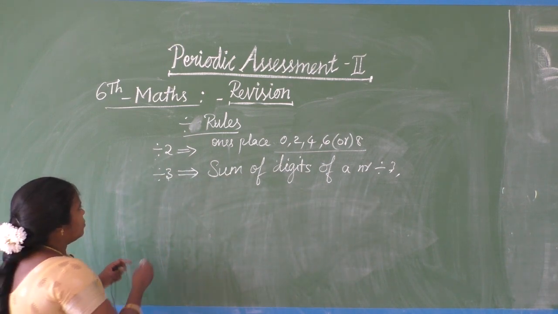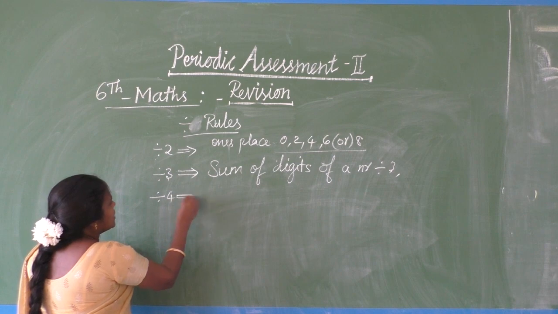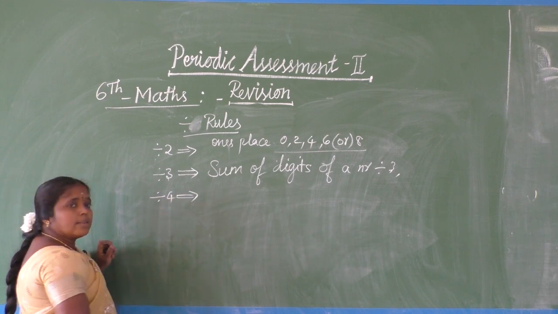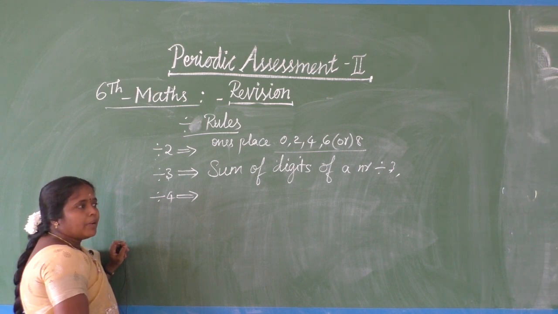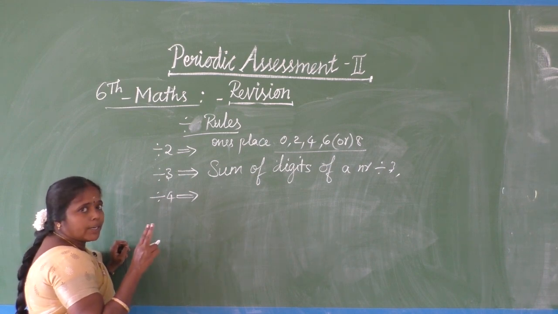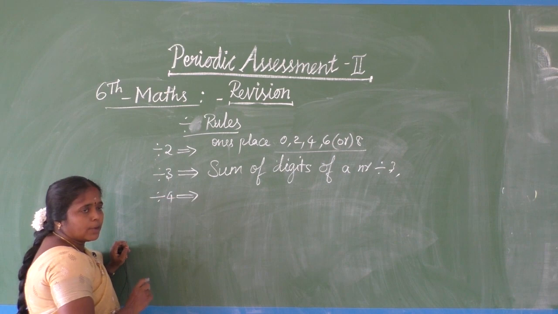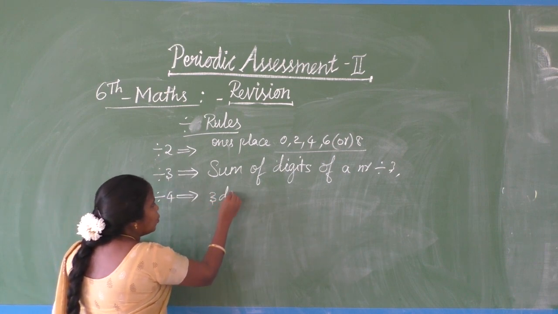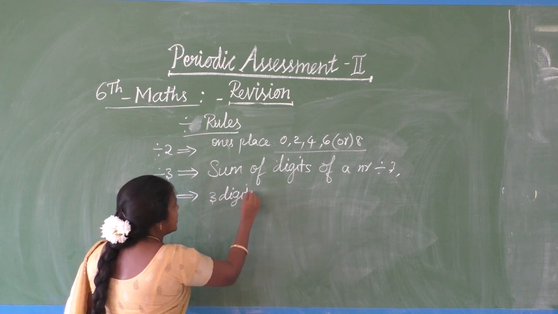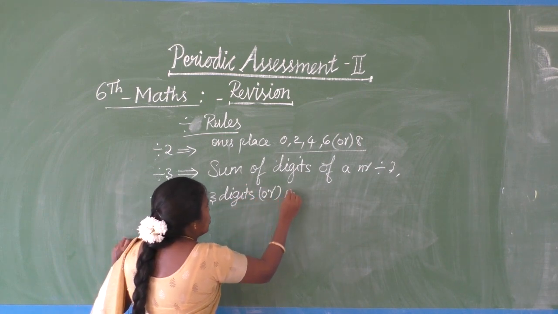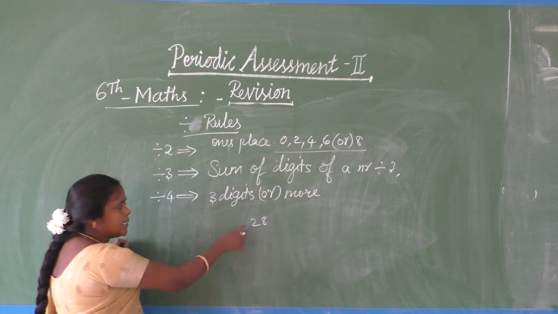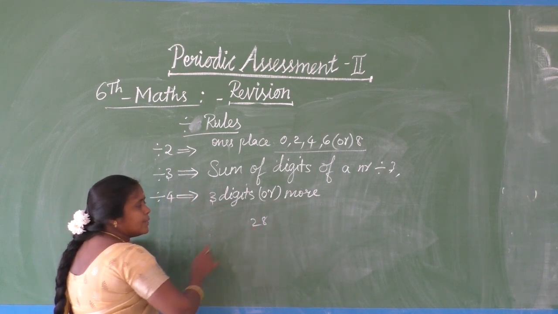Divisible by 4. What does it say? Before applying this rule, we have to check two conditions. One thing, the number should contain 3 digits or more. If you take 28, it is a 2-digit number.